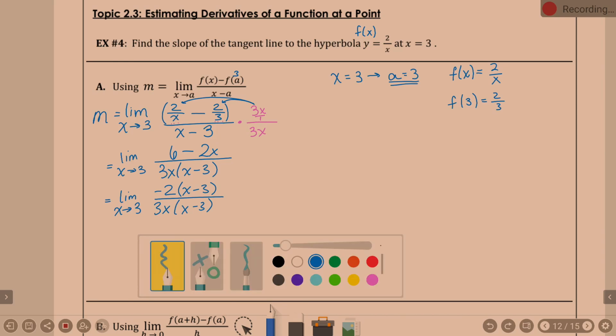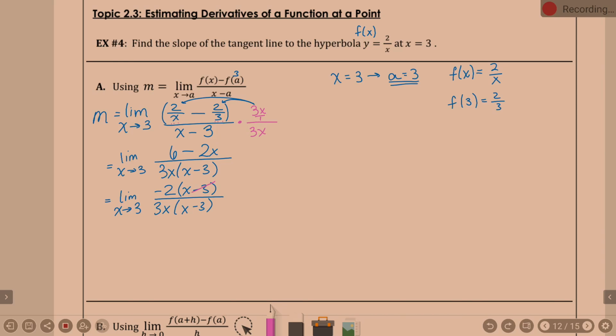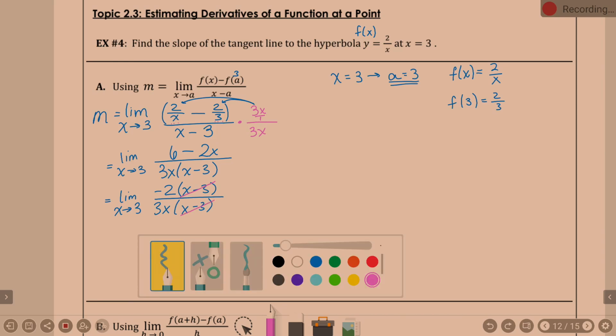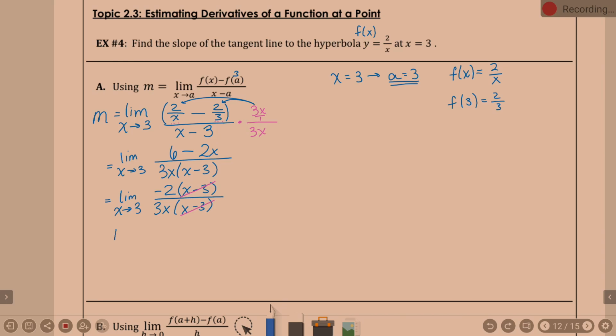We have a factor that cancels. So the limit as x approaches 3 of -2 over 3x becomes -2 over 3 times 3, which is indeed -2 over 9.